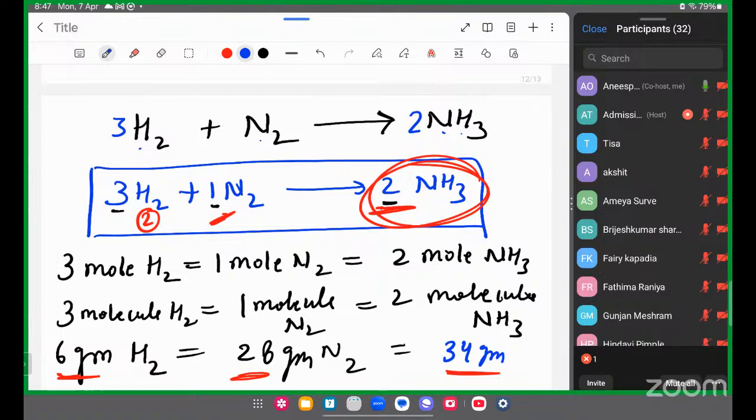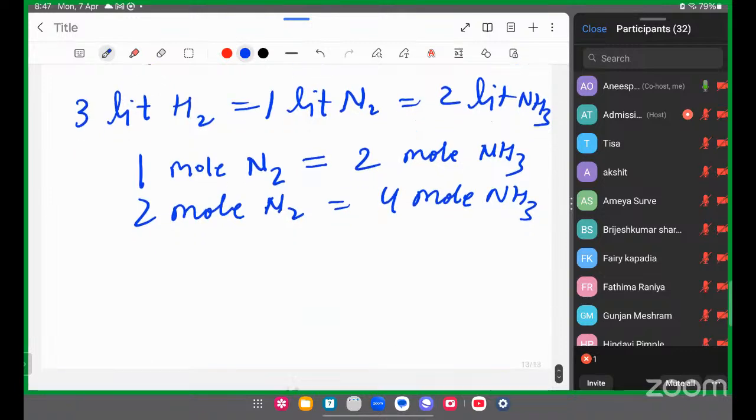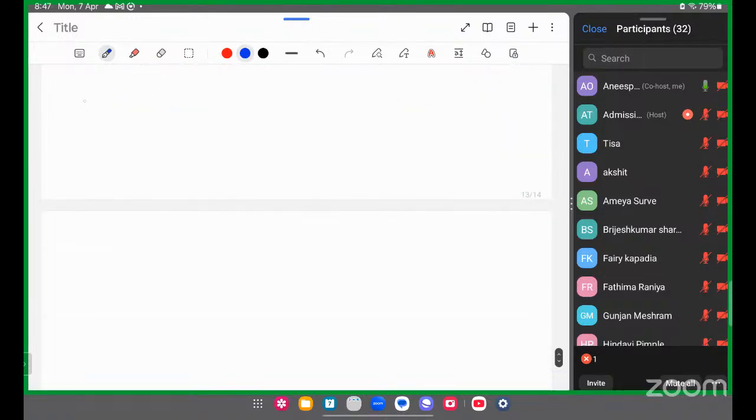So now there will be a relation between number of moles and quantity of ammonia. So we can write it as 1 mole nitrogen gives 2 mole ammonia. But now, according to the question, I am not interested in moles. I am interested in quantity. So I will convert 2 mole into gram.